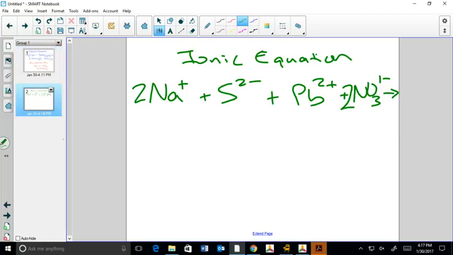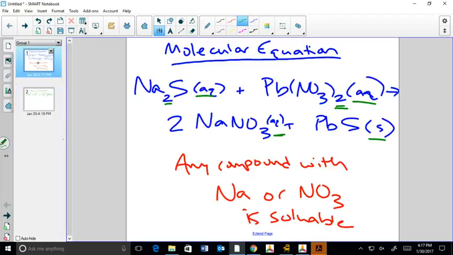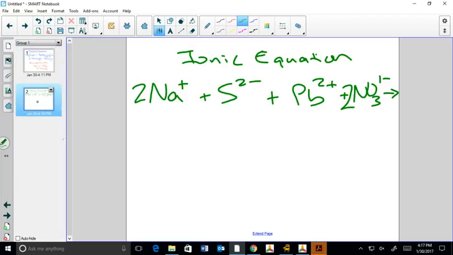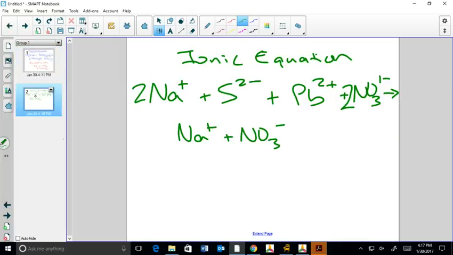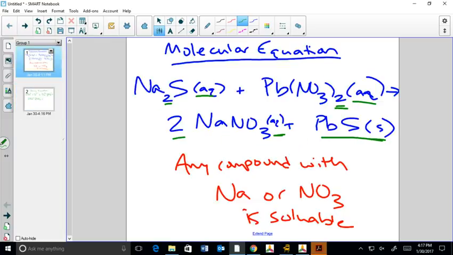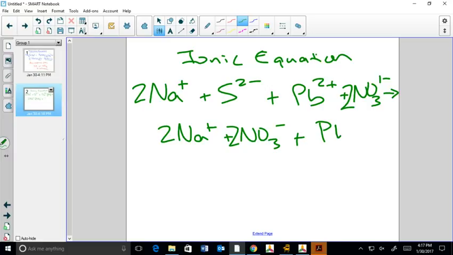Those guys will produce in my reaction, again, aqueous solution of NaNO3, sodium nitrate. So it becomes Na positive plus NO3 minus. But again, notice the 2. So I have to have 2 for each of these guys, plus my precipitate, my PbS, because this is my precipitate, lead sulfide, that stays together.